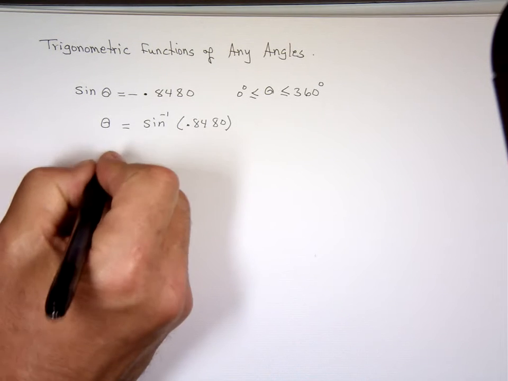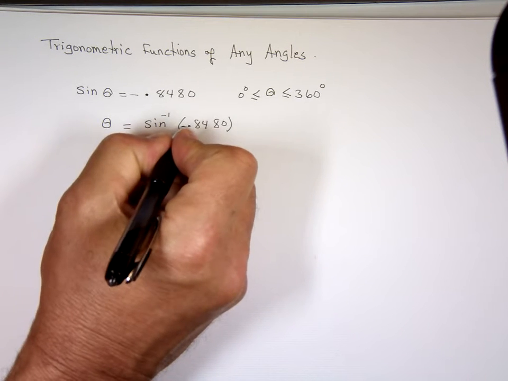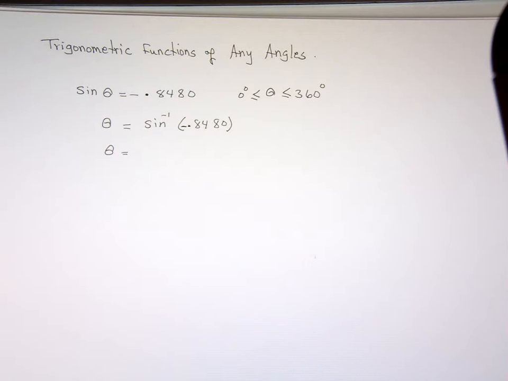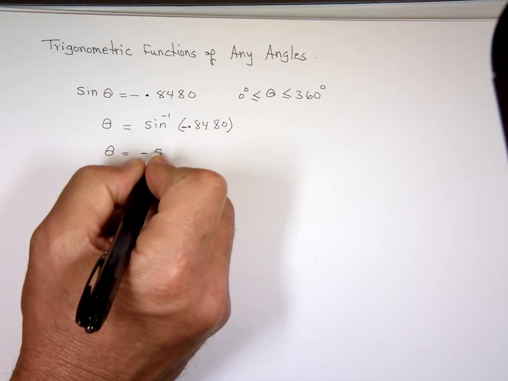Inverse sine. Negative, that was a negative here, right? Negative 0.8480. And the calculator says negative roughly 58 degrees. Nearest whole number is 57.99.